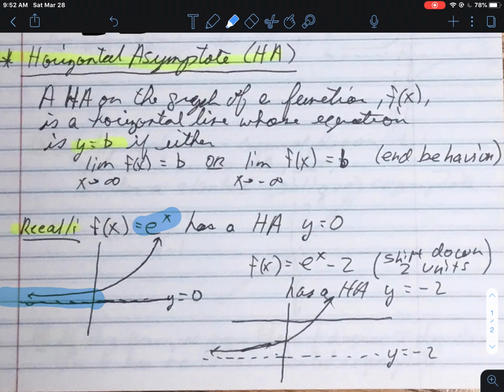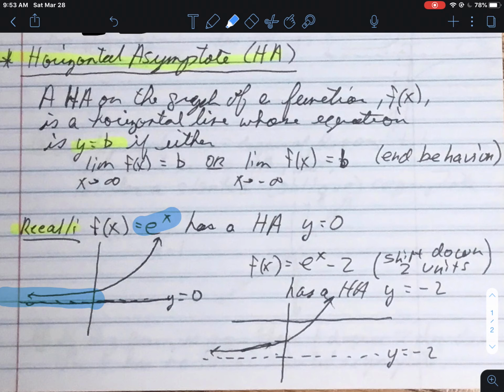So for exponential functions, base e, or in general any positive base, the graph of those functions will lie above the x-axis. The function value will always be positive. It will never be zero. It will never be negative. And so you get this behavior with the graph approaching the x-axis, that horizontal line, as our graph moves to the left, as x approaches negative infinity.